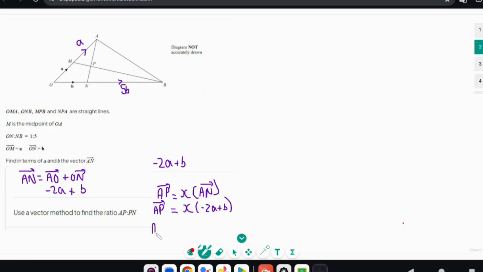What else do we know about AP? We need a different journey from A to P. So I can say it's A to M plus M to P. A to M is a, and M to P is partly a fraction y of the way along the line MB.